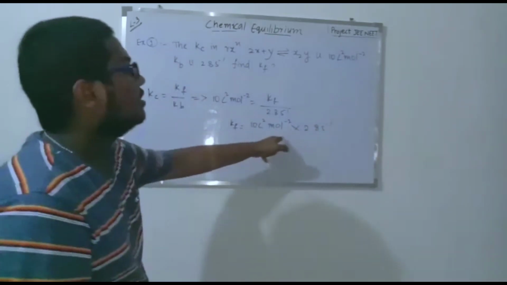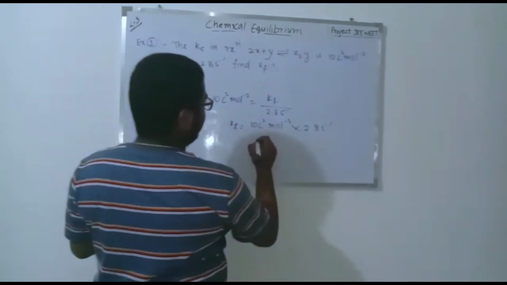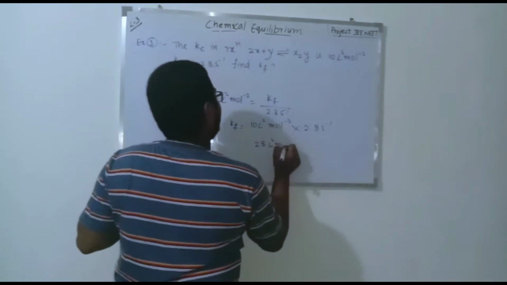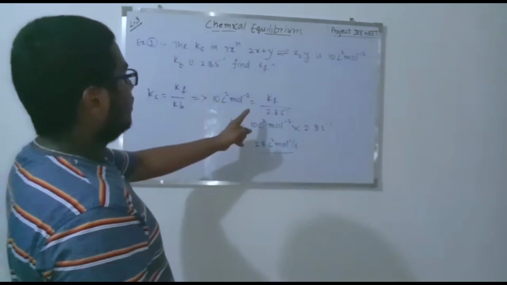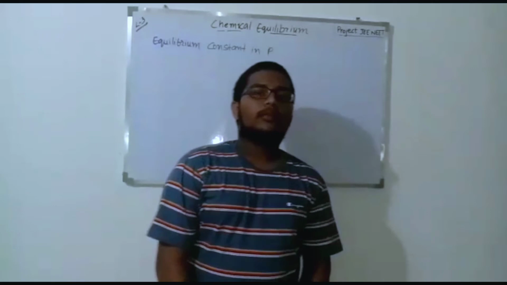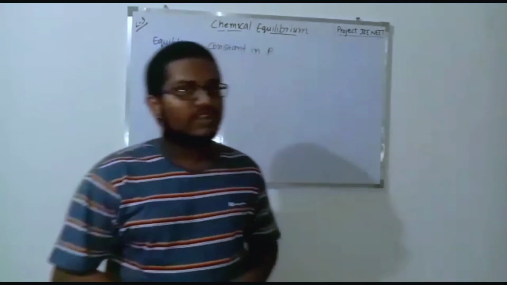This is the total value of the forward reaction rate constant. That means 28 liter square mole inverse square per second. So this is the value of Kf.